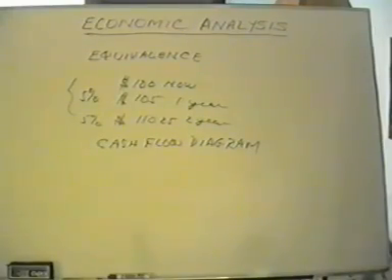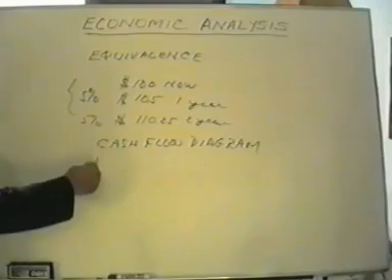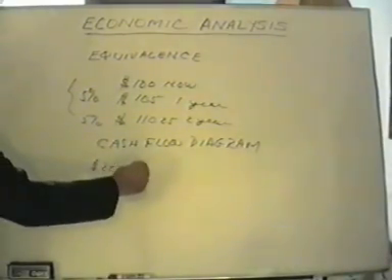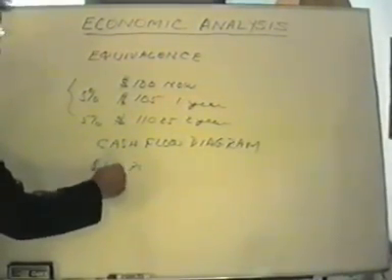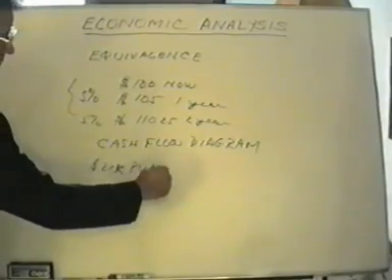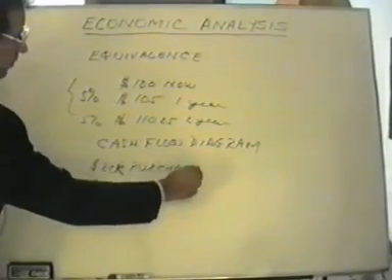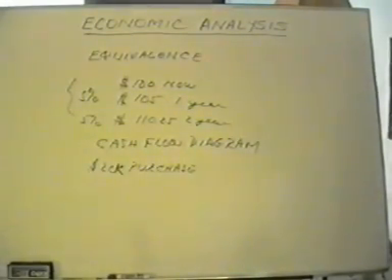A mechanical device will cost $20,000 when purchased. $20,000 purchase price. It will cost $1,000 a year for maintenance.